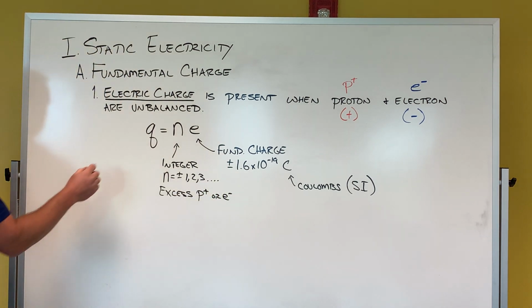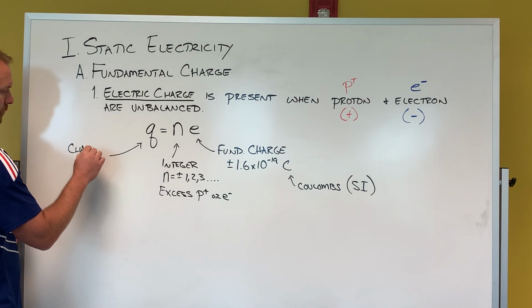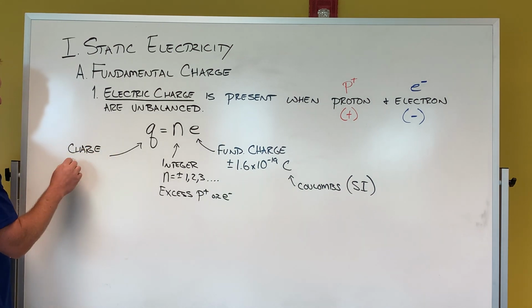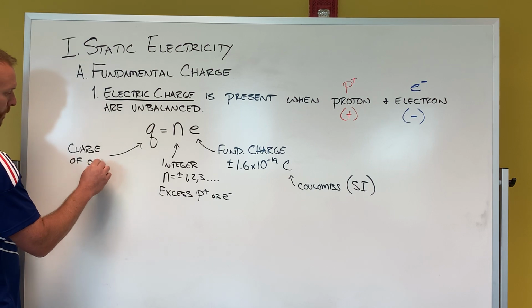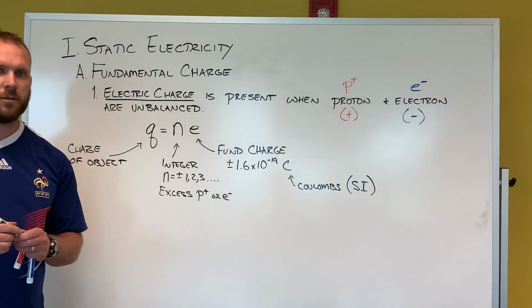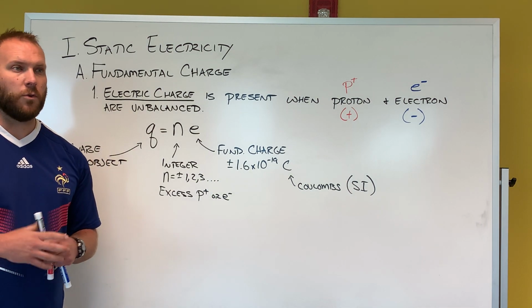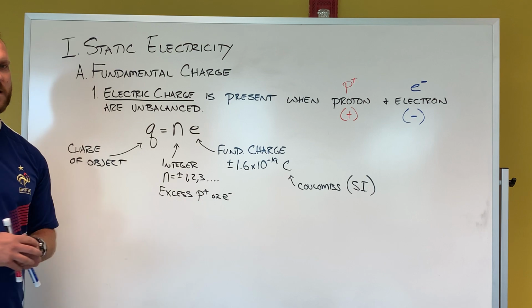And Q is the charge of the object that has the unbalanced numbers of protons and electrons. Right? So we're going to do a few examples that's going to show us how we would use this idea.